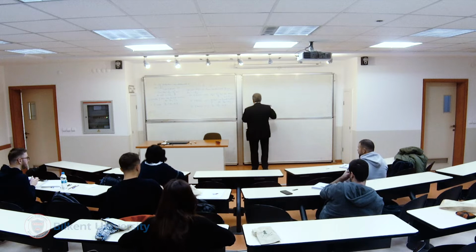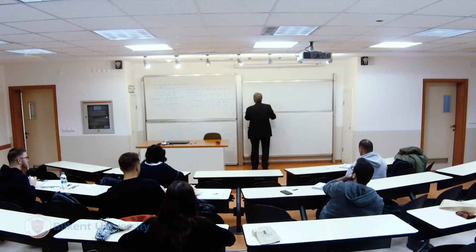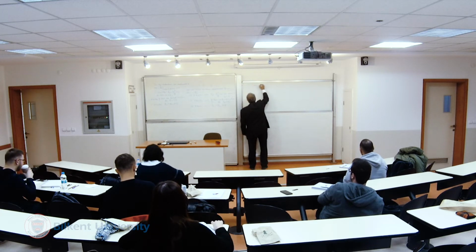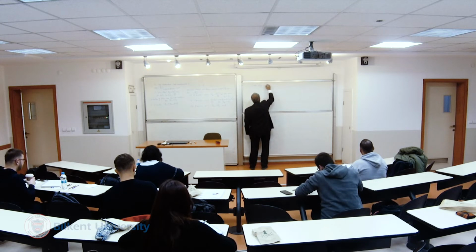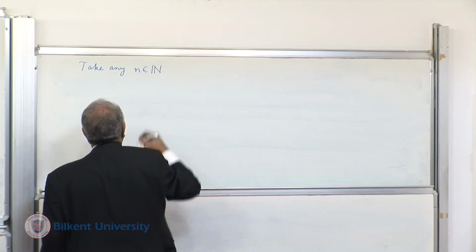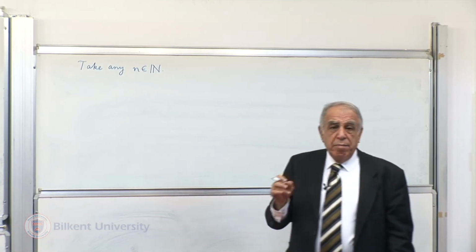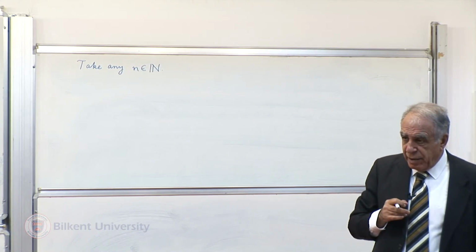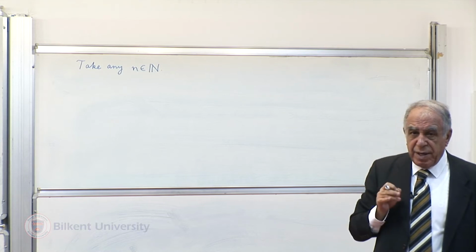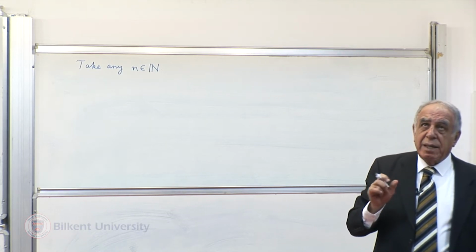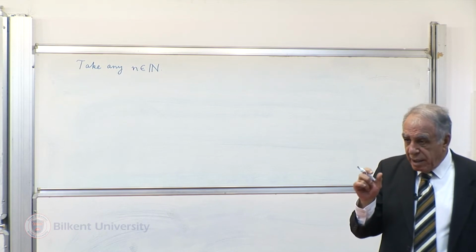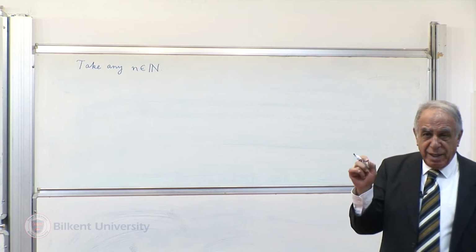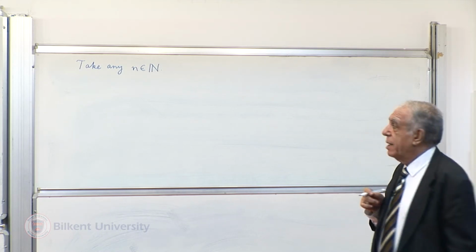So for that, take any n in N. What we know is that B sub n and B sub n minus 1 have a non-empty intersection. So we can pick something from there and have an estimation concerning the distance between x sub n minus 1 and x sub n using the triangle inequality via x in the intersection.